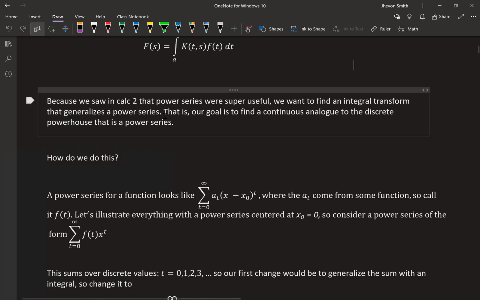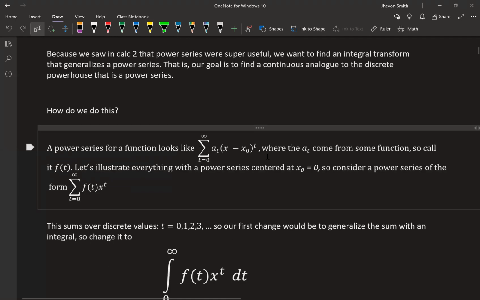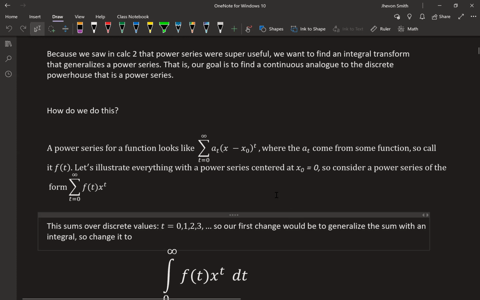Right? And as I said, power series are insanely useful and we want to generalize this. So here's how we're going to do it. Here is the general form of a power series. I'm using t because our variable for differential equations is often going to be t. That's what we're counting. Where a(t) comes from some function, right? So there's some function that's giving you the coefficients of your power series.